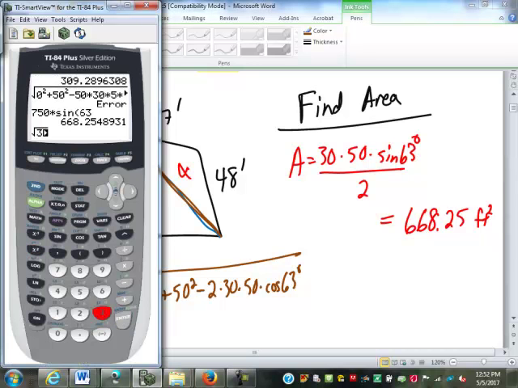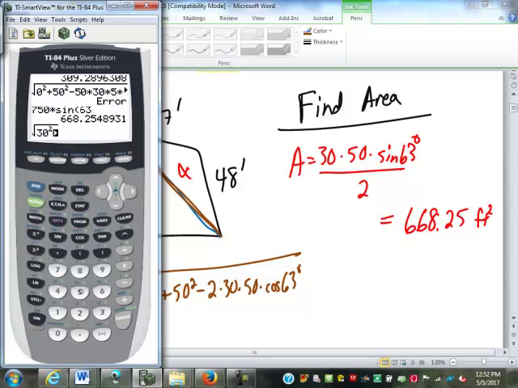Square root of 30 squared plus 50 squared minus 2 times 30 times 50 times cosine 63. That's 45.14 feet.